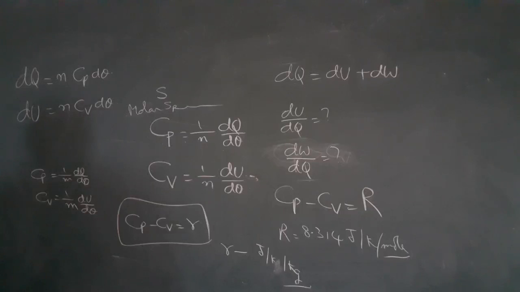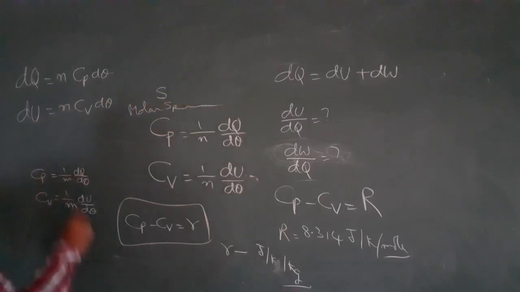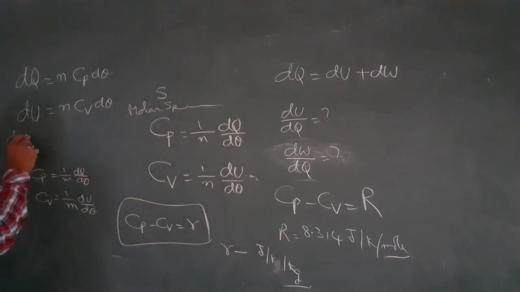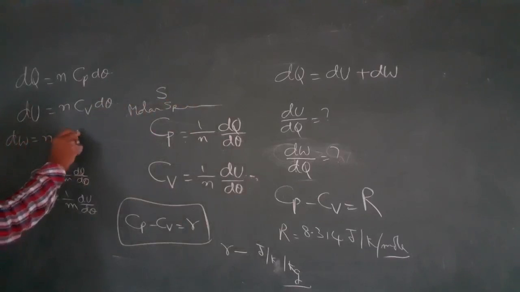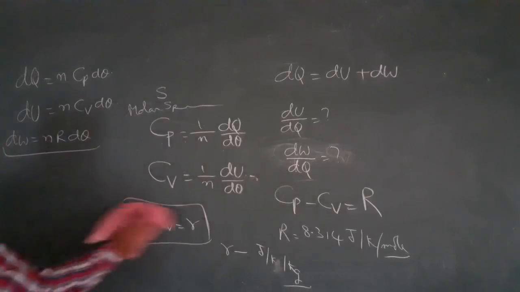And we know the first law of thermodynamics; substituting these two there and simplifying, we get dW is equal to n R dθ. Work done is PdV or n R dθ.